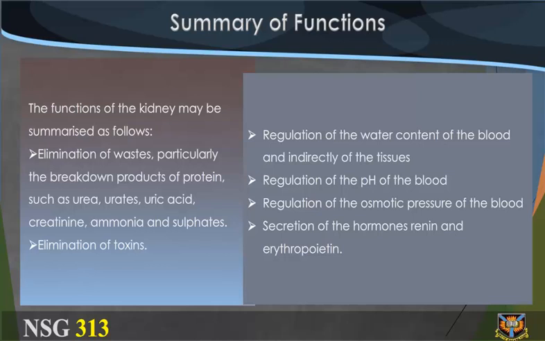Elimination of toxins, regulation of the water content of the blood and indirectly of the tissues, regulation of the pH of the body, regulation of the osmotic pressure of the blood, and secretion of the hormones renin and erythropoietin.